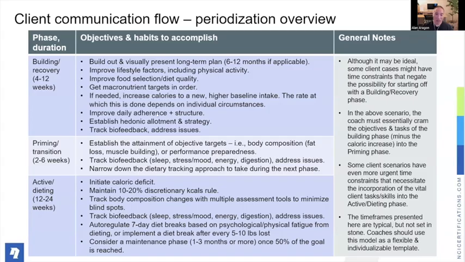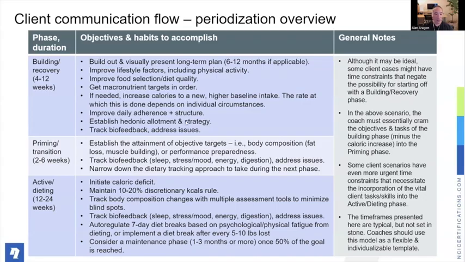But other elements within the building and recovery phase: improve daily adherence and structure, establish the hedonic allotment and strategy. In other words, establish the, in quotes, junk meal or junk allotment.